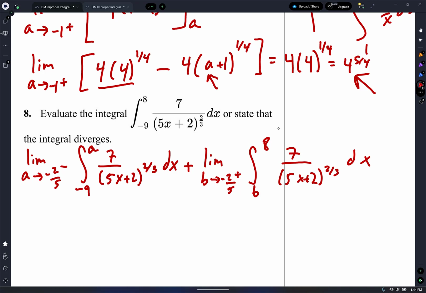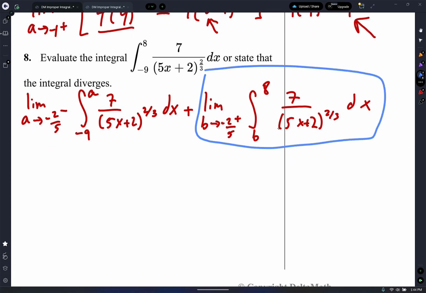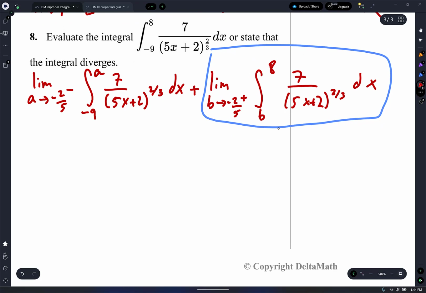Are we okay? I'll see if I can use two different colors. I'll use the sky blue for this one, and the red one for the one on the left. I have all this space, that should be enough.